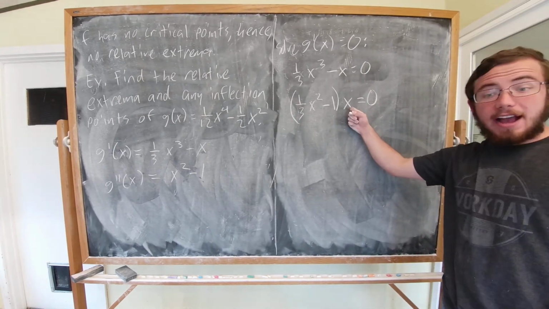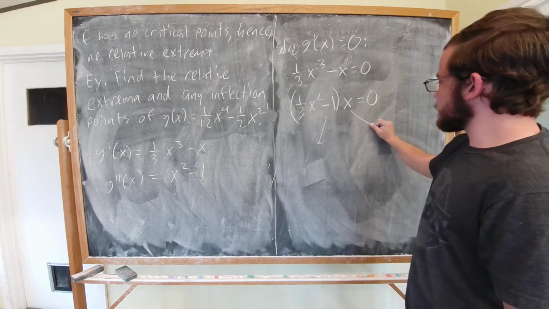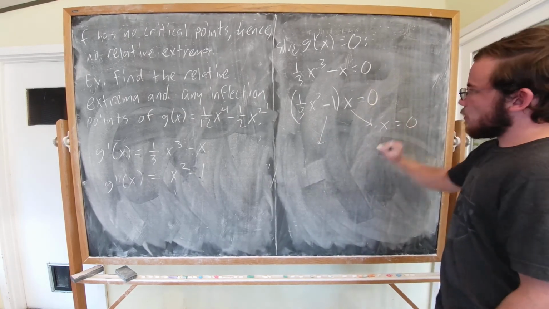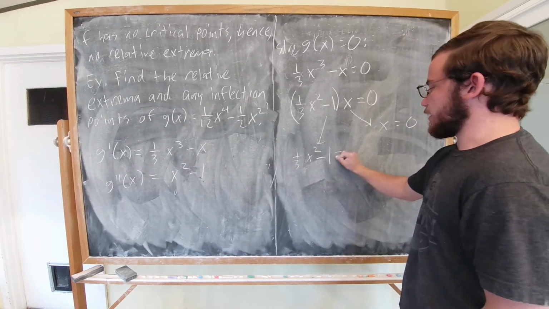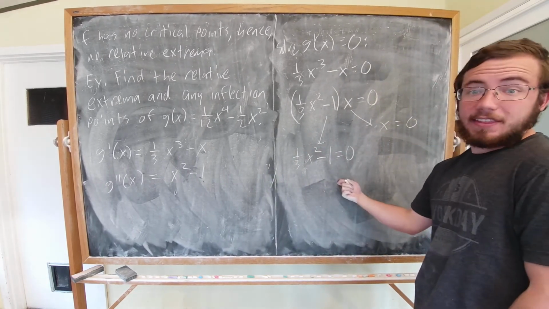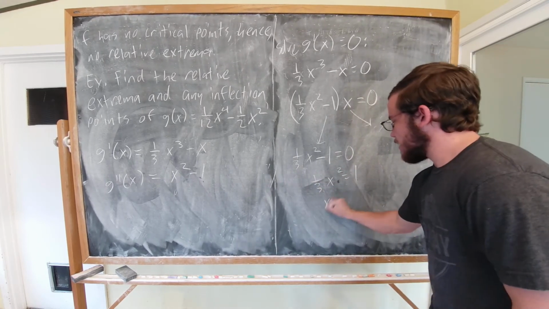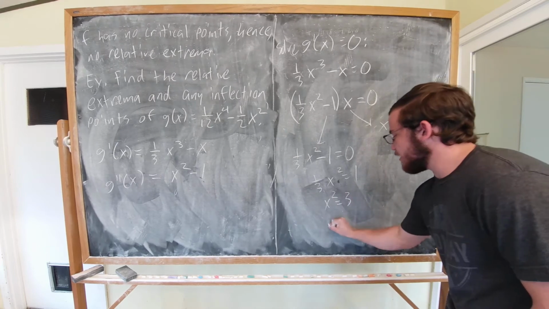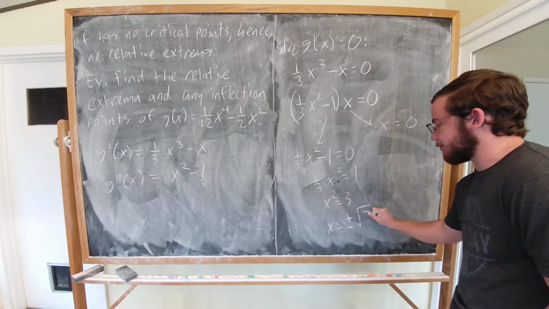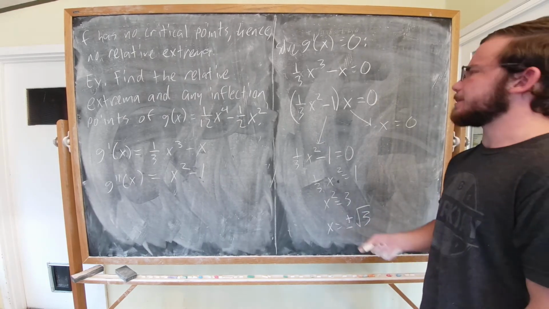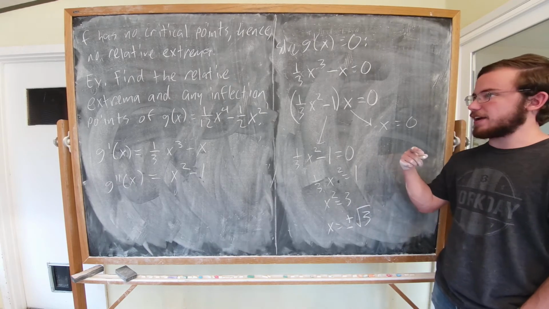So either x equals 0 or 1/3 x squared minus 1 equals 0. In this case, 1/3 x squared equals 1, x squared equals 3, so x is equal to plus or minus square root of 3. Alright, so those are our 3 candidates to check.